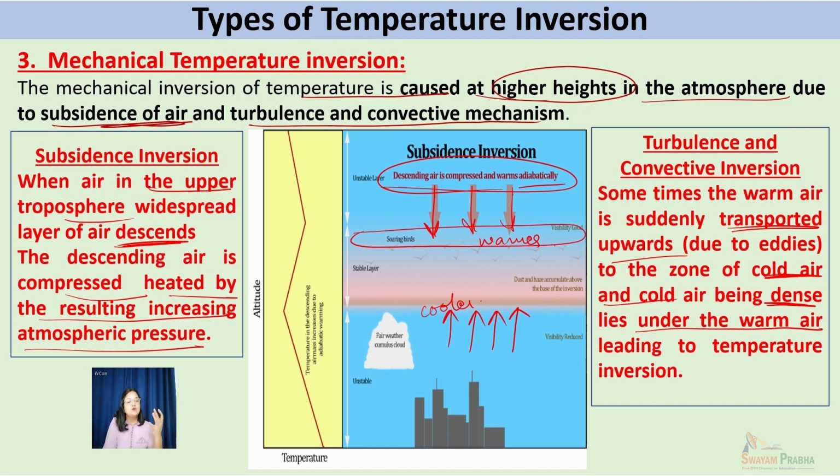So a warm parcel of air is suddenly transported, and because it is warm, it is light, it takes the place of the cool denser air, pushing the cool denser air below it. So in the process, the lower layers of the atmosphere become cool as compared to the upper layers, which become warm, and this is called turbulence and convective inversion. So these are the types of temperature inversion: advectional temperature inversion, non-advectional temperature inversion, and mechanical inversion.